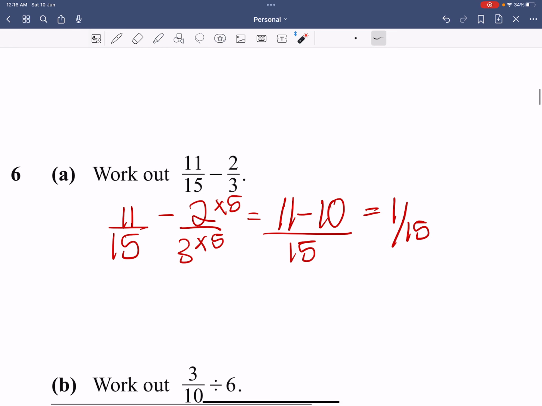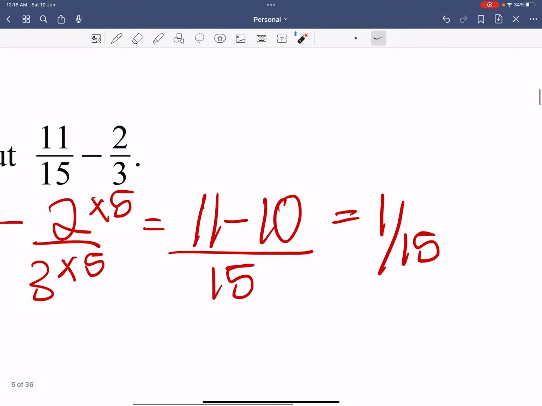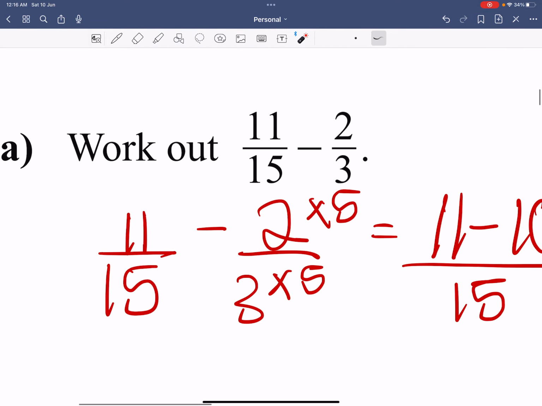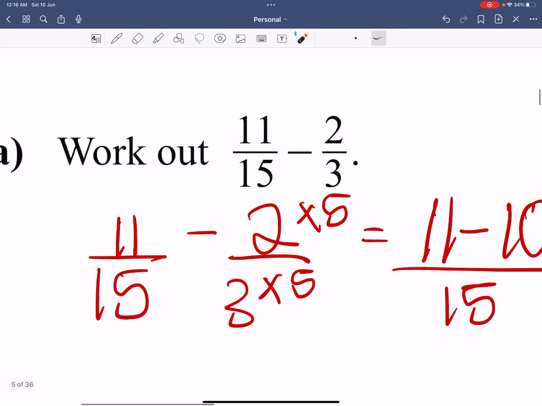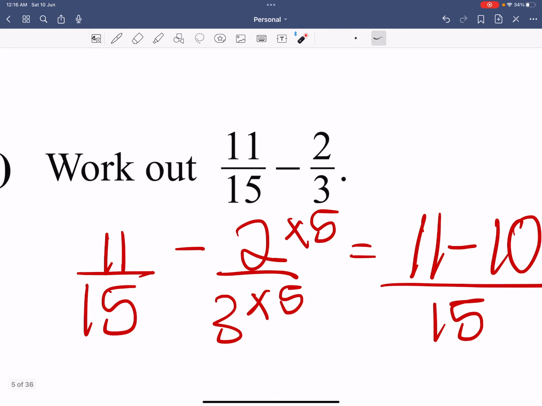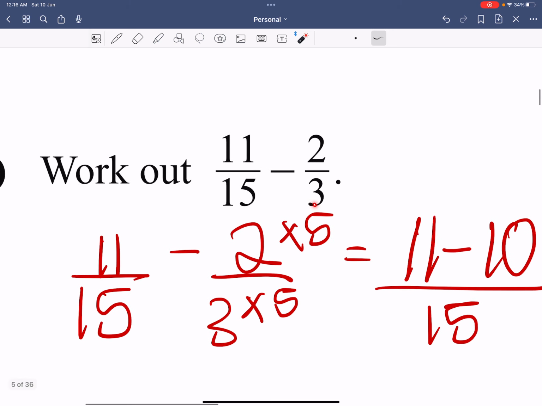Now, a fairly easy question. Work out 11 upon 15 minus 2 upon 3. So in this question, what you need to understand is that for addition or subtraction of fractions, the denominators must be the same to add or subtract the numerators.